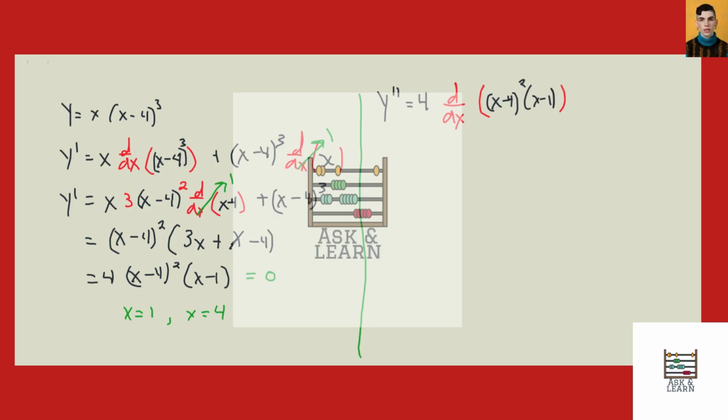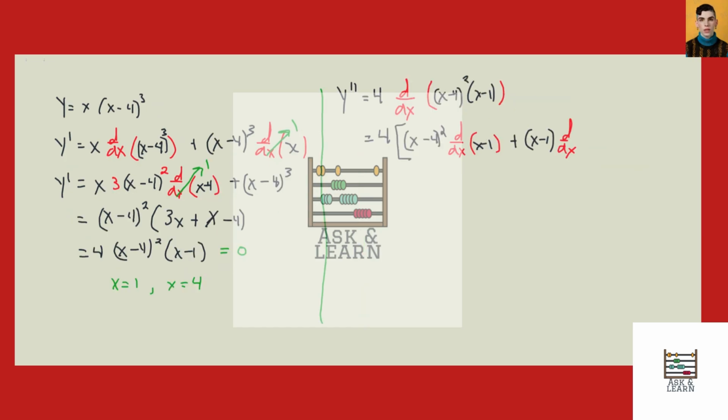All right, so we're going to apply product rule once again. So we're going to have (x minus 4) squared times the derivative of x minus 1 plus (x minus 1) times the derivative with respect to x of (x minus 4) squared.